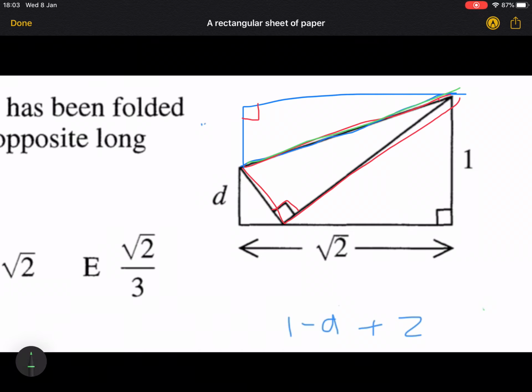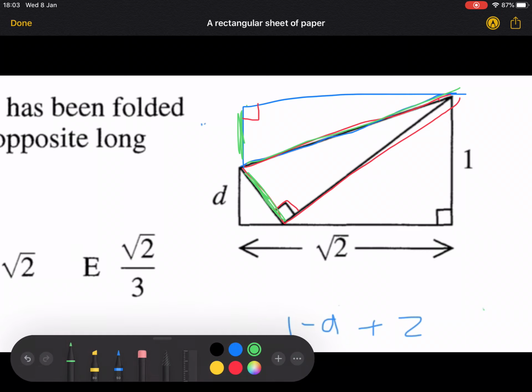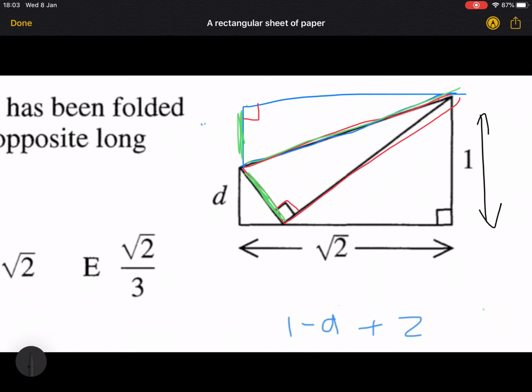And because this blue triangle has just been folded down exactly the same, we could prove that the sides of it as well, so this side and this side, would be the same as well. If they're congruent, that means all the lengths of the sides are the same. So this green side would be the whole edge minus D, so 1 minus D here.